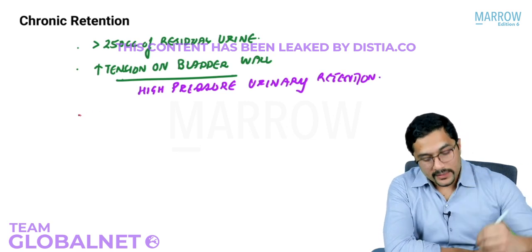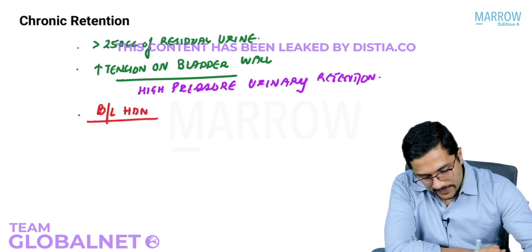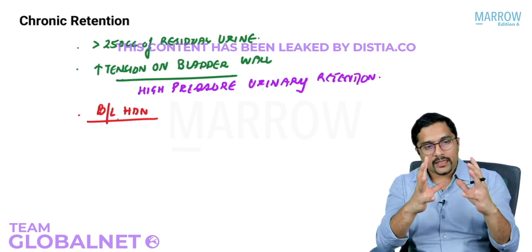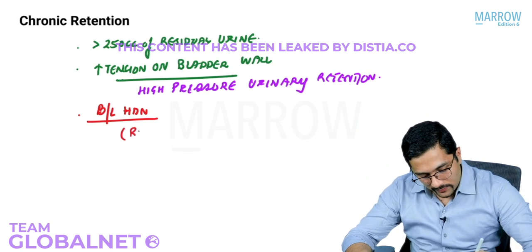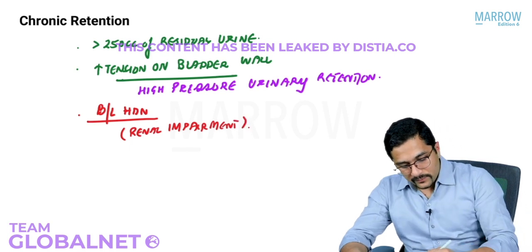This can also give rise to bilateral hydronephrosis. So there can be back pressure changes, because we've discussed what hydronephrosis is, and because the bladder is so full, there are back pressure changes in the kidney, and this can also give rise to renal impairment. So the kidney function can be deranged in these patients.